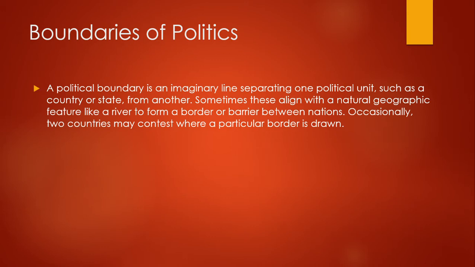Occasionally, two countries may contest where a particular border is drawn. So, in short, a political boundary is what we call jurisdiction. It also involves to what extent a political power can be exercised, or in what way these boundaries are being formed.